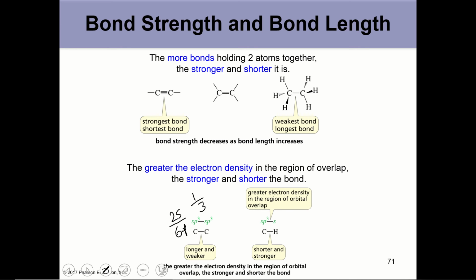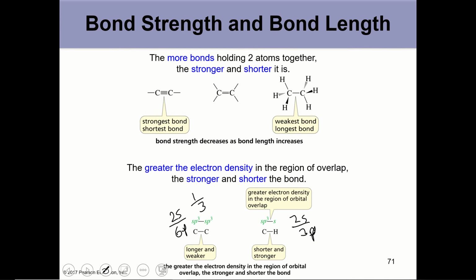If you look at the sp3 to s bond of carbon to hydrogen, we can tell that it is shorter and stronger because it has a higher s character. And we can rate the s character by looking at the percentage of s relative to p, or the ratio of s to p. In this case, the total s is 2 and the total p is 3. So we have 2s to 3p, or 2/3 s character.